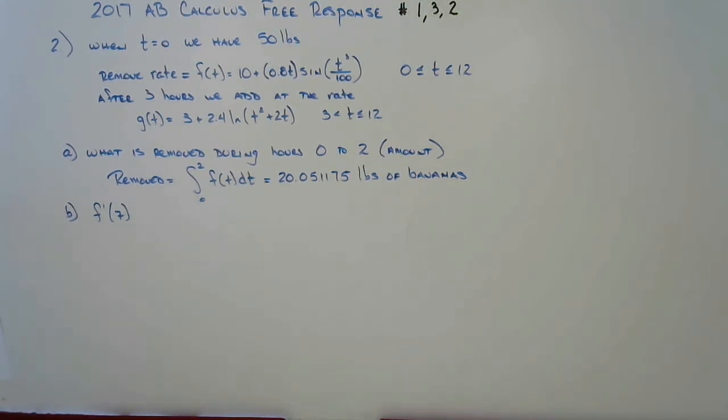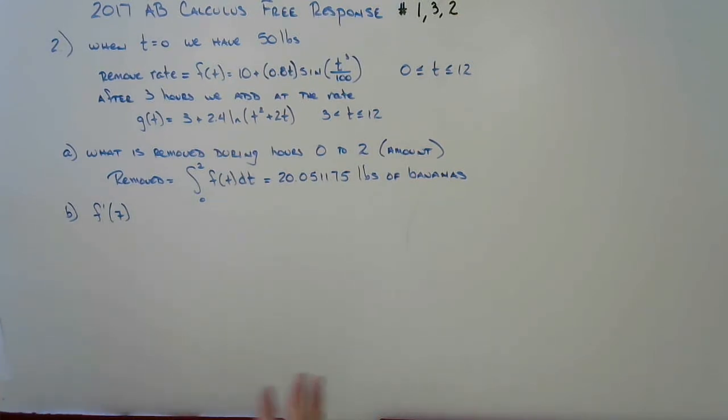So, are bananas leaving the store faster at time 7 or slower at time 7? Because we're taking the derivative of the rate. So we're finding the rate at which the rate of bananas is being removed.